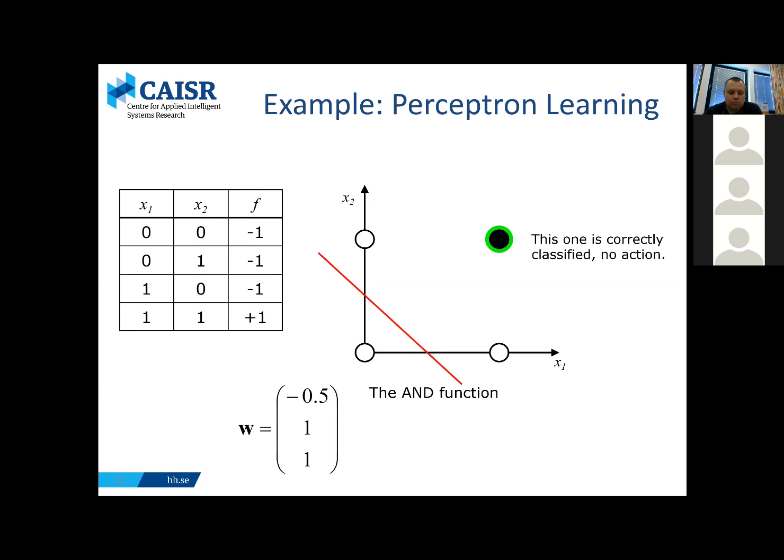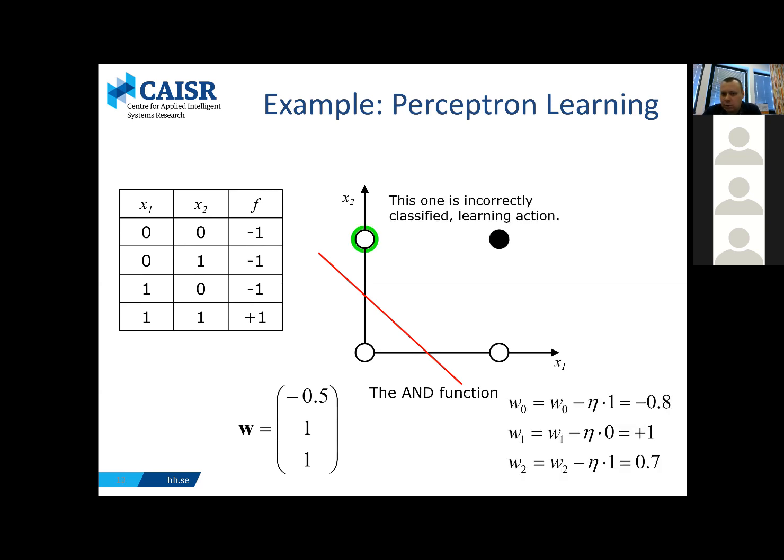So if we start with the first example here, this one is correctly classified. There is nothing we have to do. Now we move to the next one, and we notice that this one is not correctly classified, right? So now we have to do something. We have to modify the weights of the perceptron in order to make it more likely to be correctly classified.